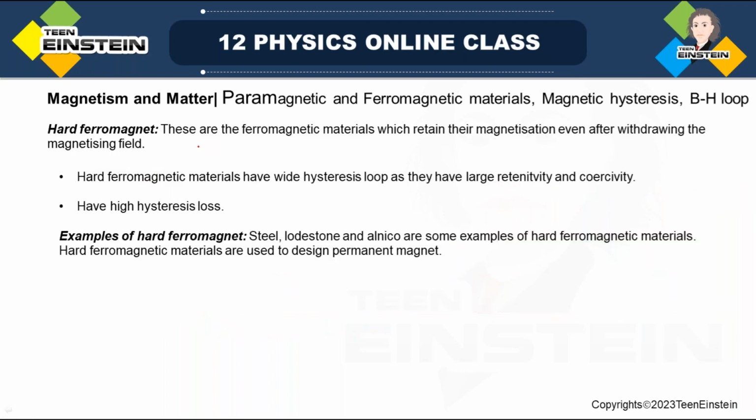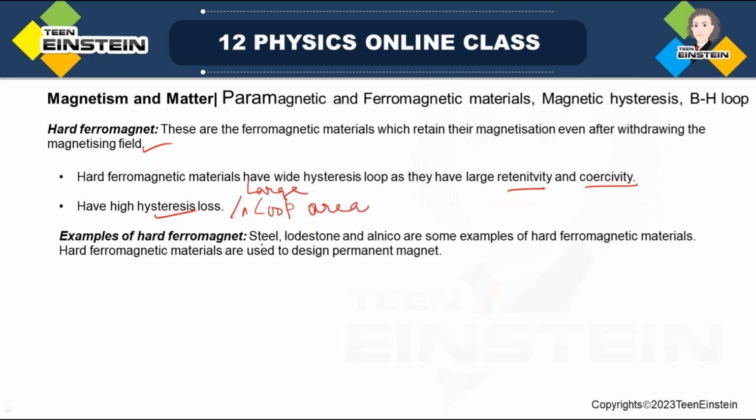And hard ferromagnetic materials are those which retain their magnetization even after withdrawing the magnetizing field. So they retain a good amount of retentivity, coercivity also is high, and they have a large loop area, or high hysteresis loss.